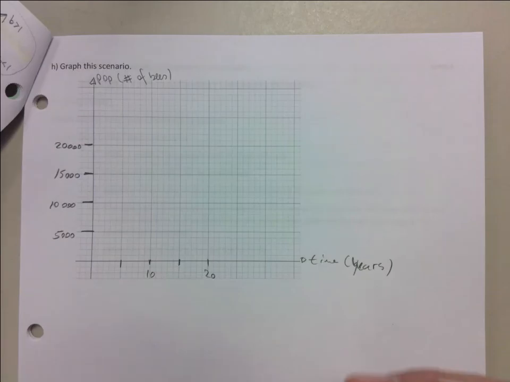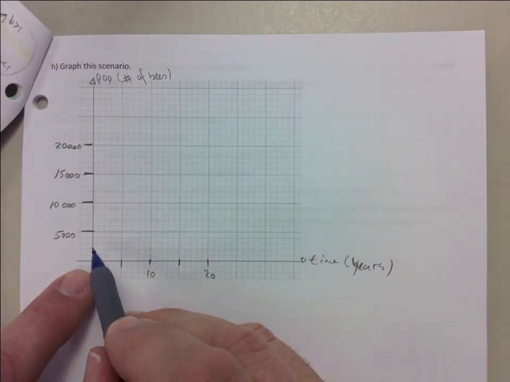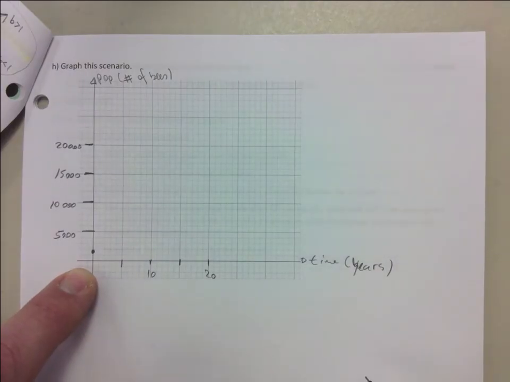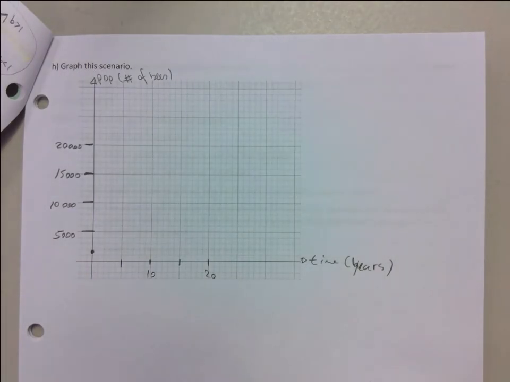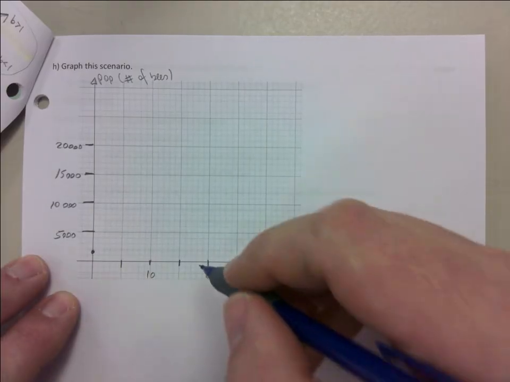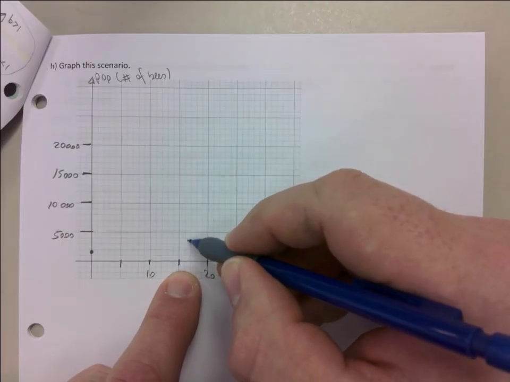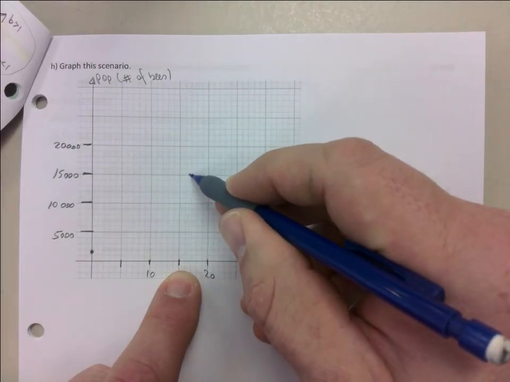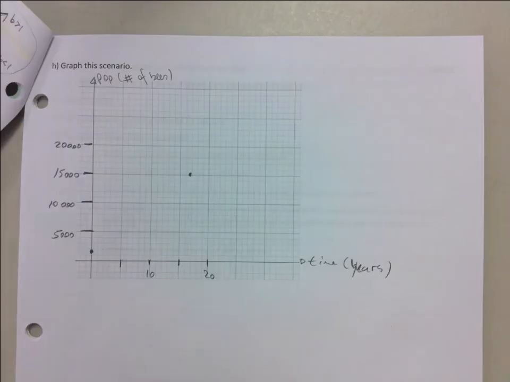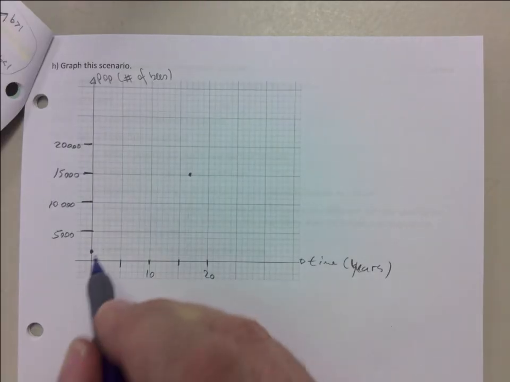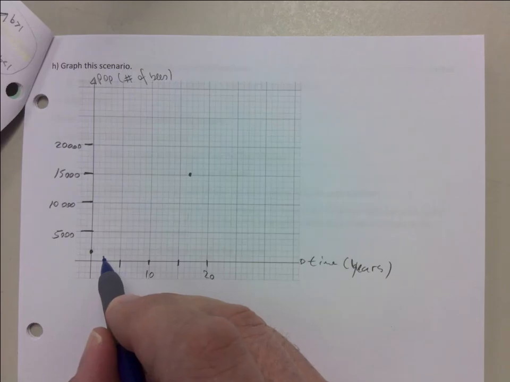Basically, the way this one goes is I would start with my starting, like it's 1,500, so it should be right on the y-intercept. Y-intercepts are okay. Will there ever be x-intercepts for exponentials? Because it's right on the asymptote, right? Can't have that. 16, so this is 15, 16, 17, so it's somewhere in here. I'm going to go all the way up to 15,000, put a mark right there. And technically, if you just connect them, but make sure you have a bit of a curve, you are fine.